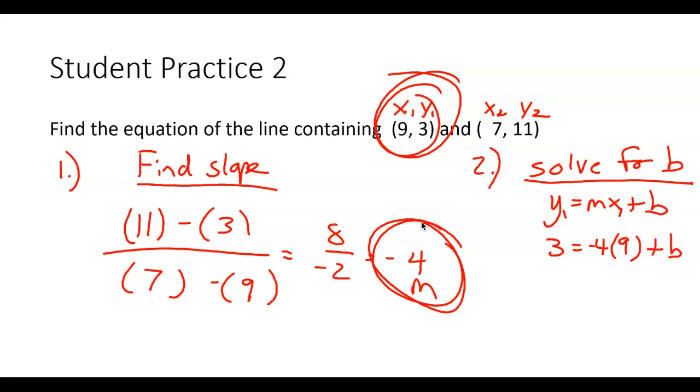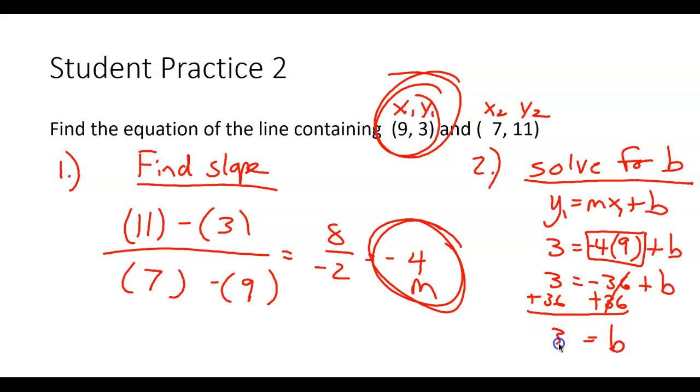Now we're going to simplify. You do your multiplication first here. And then I had a few people get stuck here. We need to solve for B. So since this is a negative 36, how do I get rid of it? We add it to both sides. And we find out B is 39.